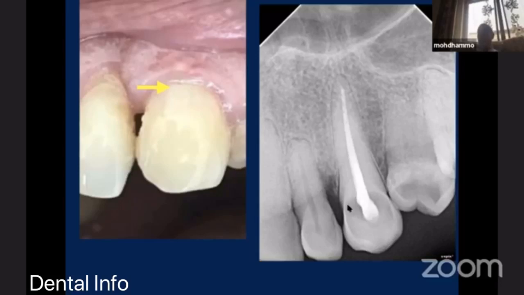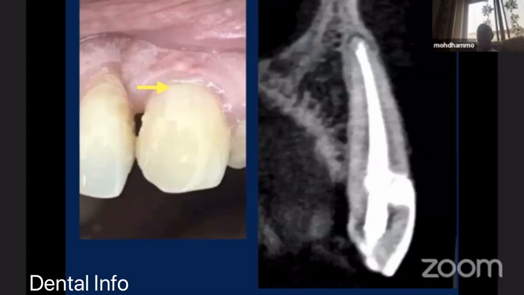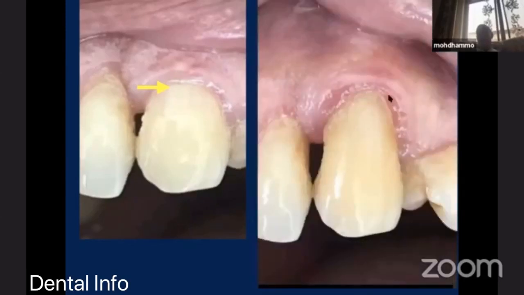Then I will place composite filling. And you can see here the filling, which was placed here. And unfortunately, you have to expect we might have a gum recession like this here, but fortunately the resorption is stopped, and you can see here after a few months of treatment.